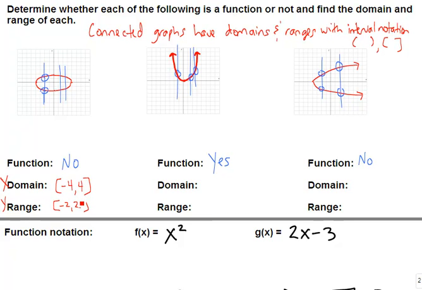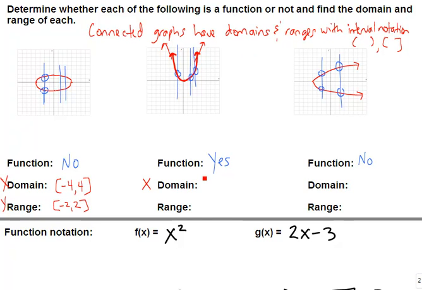So in the next example, for our domains, which are our x's, think left to right. What x on the left do I start at, and what x on the right do I stop at? In this example, I have arrows. So this graph will continue to go up and to the left and up and to the right. So there is no starting x value over here on the left and no stopping x value on the right, because my graph will just continue to go towards minus infinity on the left and positive infinity on the right.